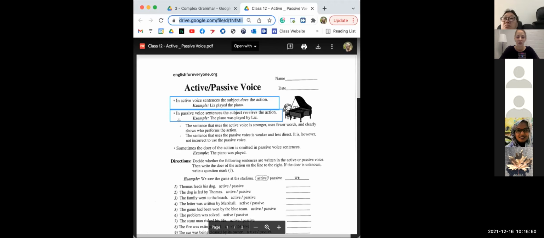The sentence that uses the active voice is stronger because it is more direct. It uses fewer words, and it clearly shows who performs or who does the action. The passive sentence is a little bit weaker because it is less direct. Even though it is less direct, it is not wrong.